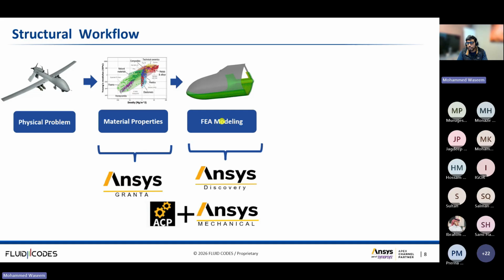More importantly, if you're dealing with the UAV as a global system, we will have to check how those interfaces and connections are going to work. This model should reflect reality, how the structure is actually subjected to loads. So when you solve this problem, it should represent the real load paths.